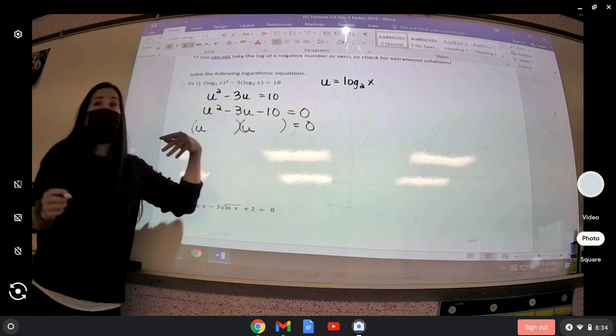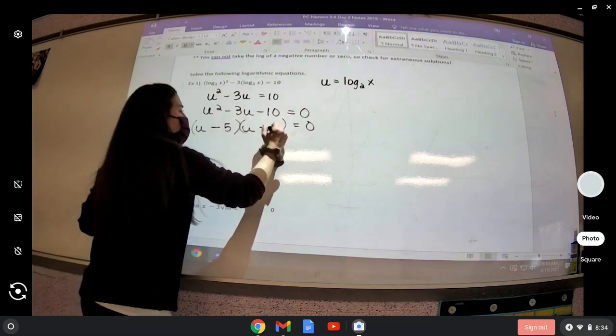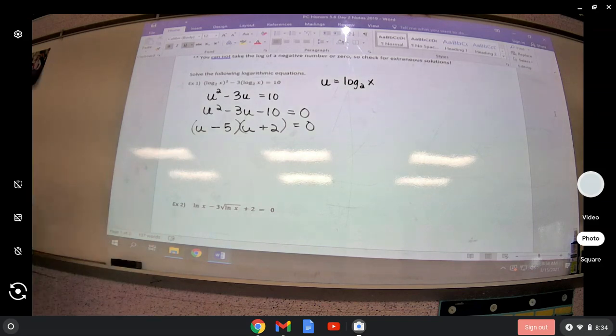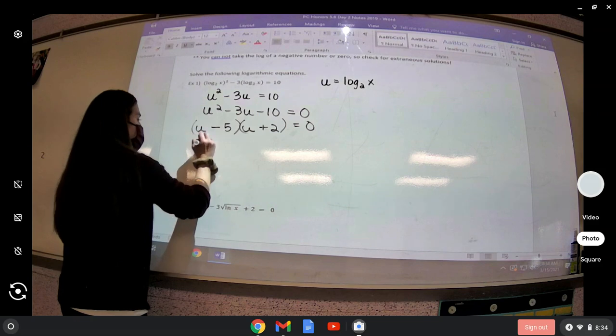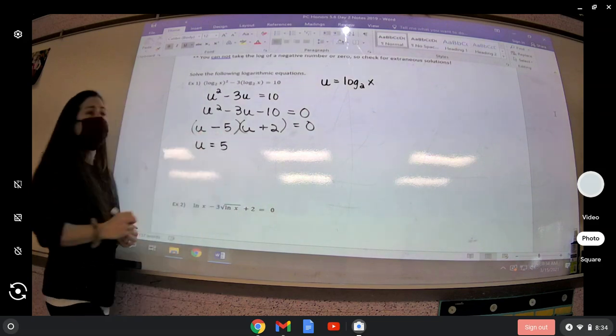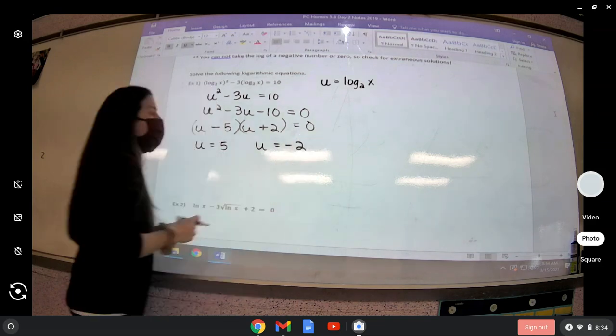Numbers that multiply to negative 10 that add up to negative 3, that's a negative 5 and a positive 2. I should have a better marker. All right, now we set each factor equal to 0, and you get U equals 5 when you set this factor equal to 0, and you get U equals negative 2.